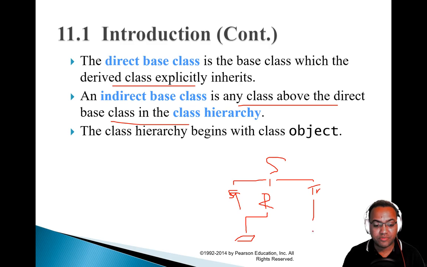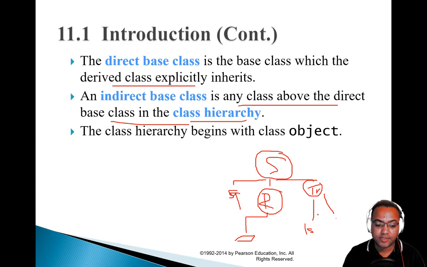And then you have different types of triangles, isosceles, whatever the case may be. Well, these are indirect base classes to the shape base class. They appear in the class hierarchy, but they're not the direct base class. So in this case, triangle would be inherited by isosceles, because isosceles is a type of triangle, and triangle is a type of shape. If that makes sense.